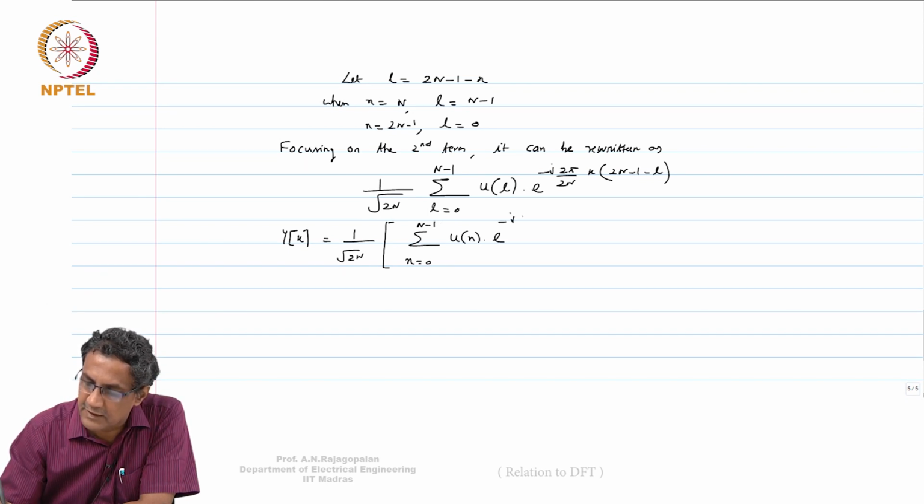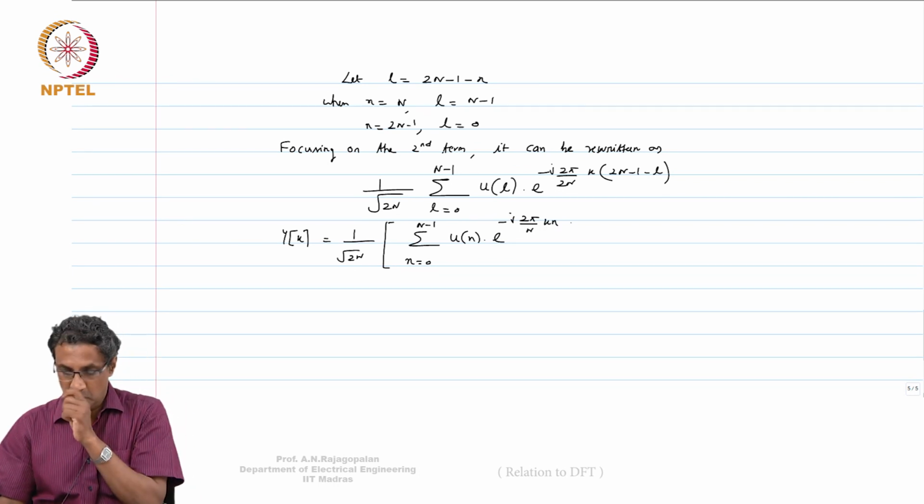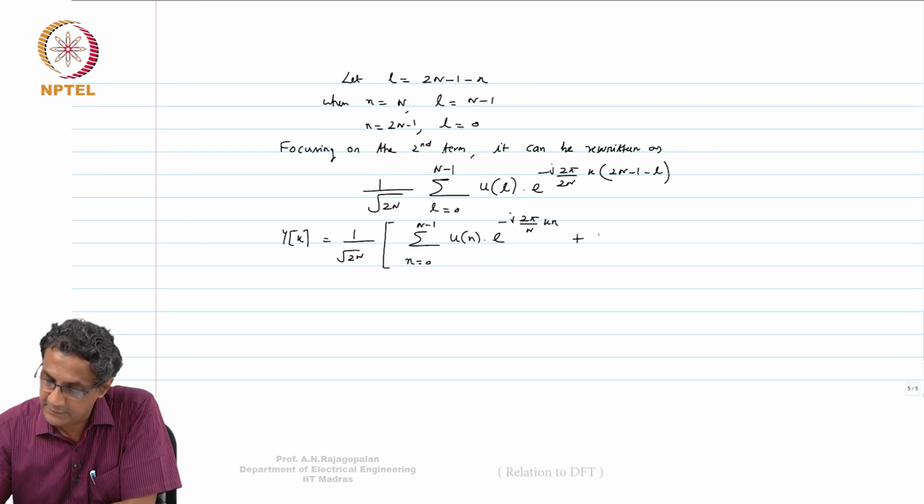e raised to minus j 2 pi by 2n kn, and now you have plus un e raised to minus j 2 pi by 2n k into 2n minus 1 minus n.